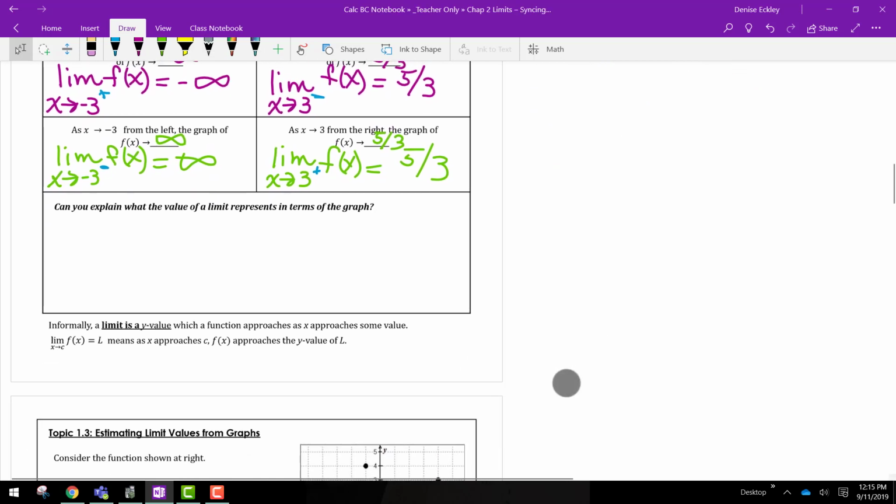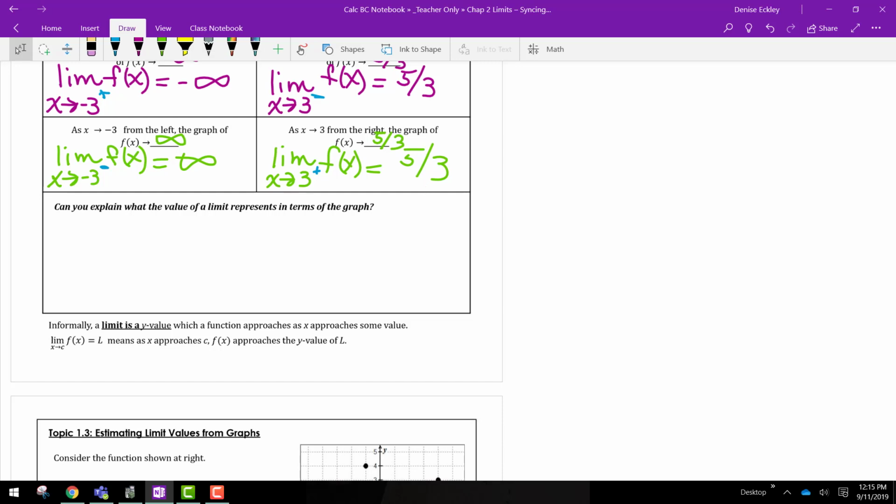Okay. So I want you guys to answer this part. Can you explain what the value of the limit represents in terms of the graph? And then we'll discuss it tomorrow in class. So informally, a limit is a y value which the function approaches as x approaches some value.